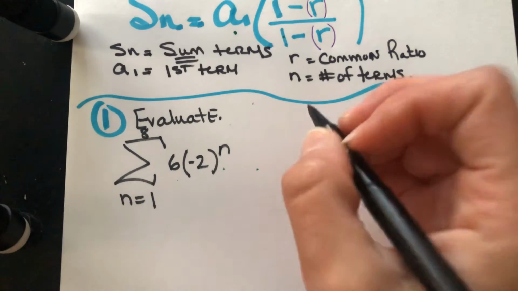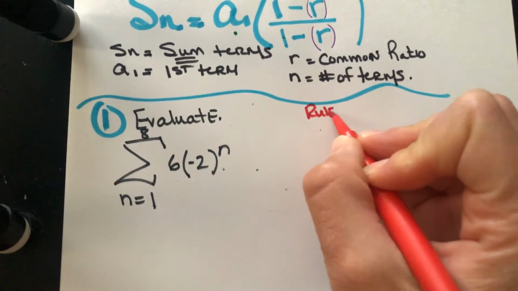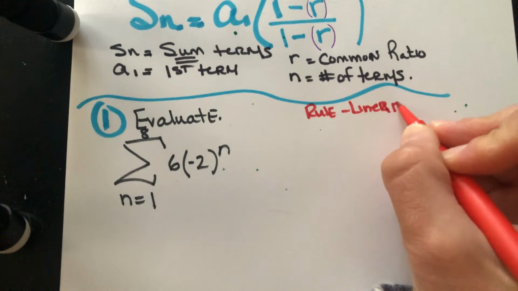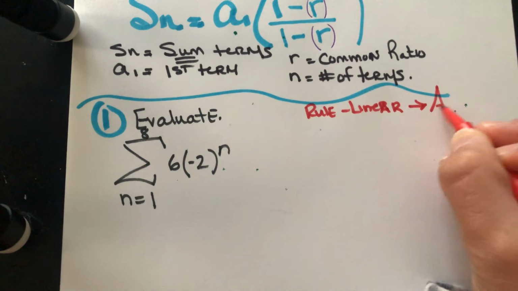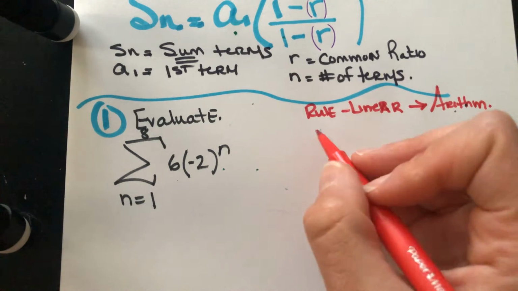Now, just make sure you guys are aware of this. Remember this: if your rule is a linear equation, you are going to do the arithmetic series sum.